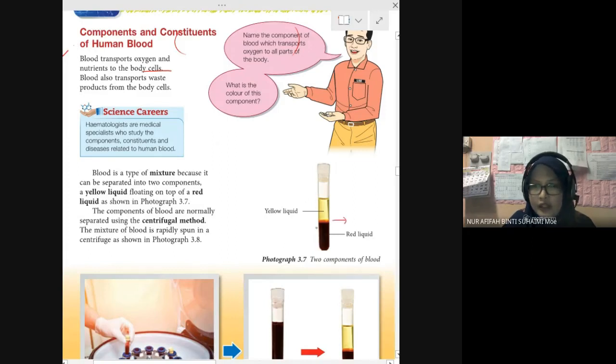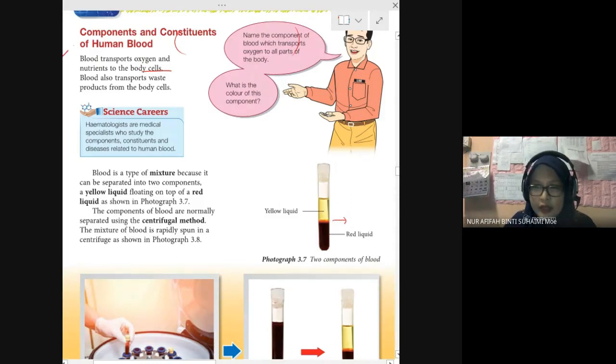The yellow liquid floats on the top of the red liquid. So this yellow liquid represents the blood plasma, and the red liquid is the red blood cell. And in between here is white blood cell and platelet.